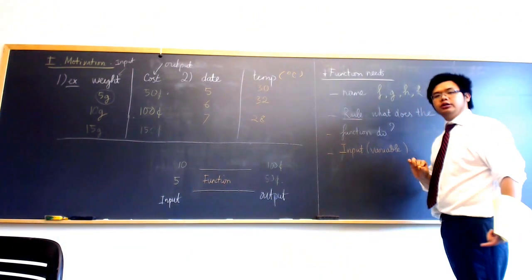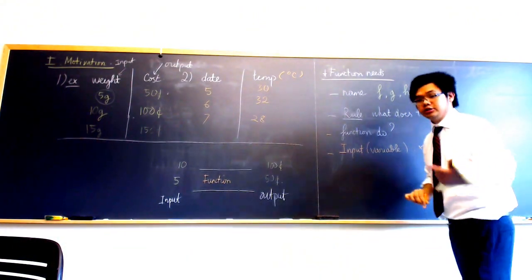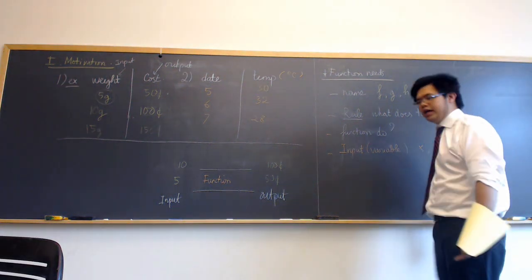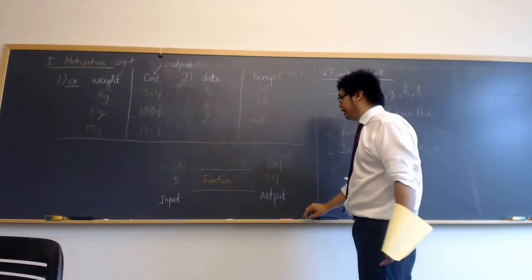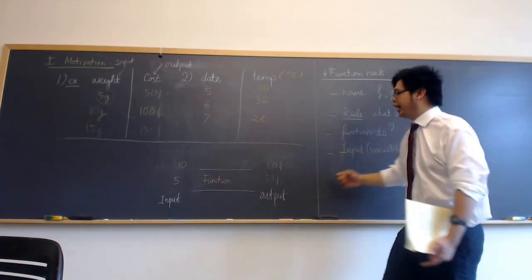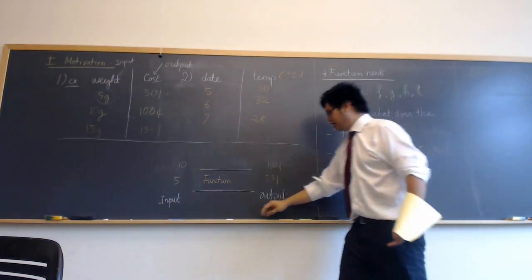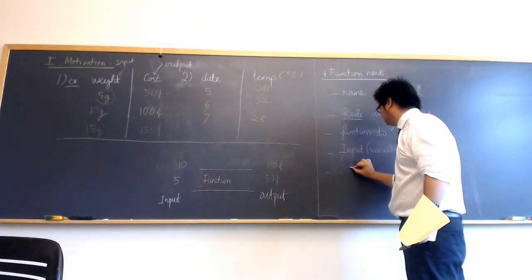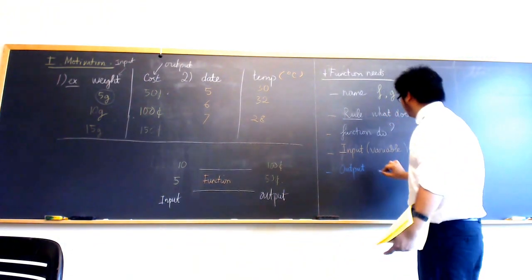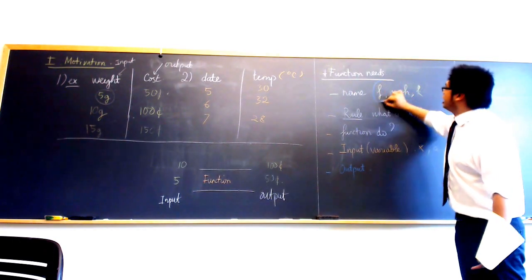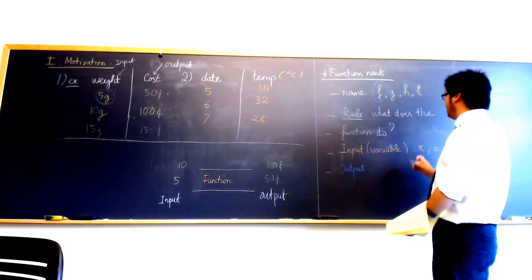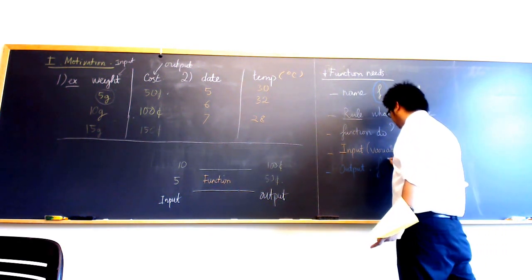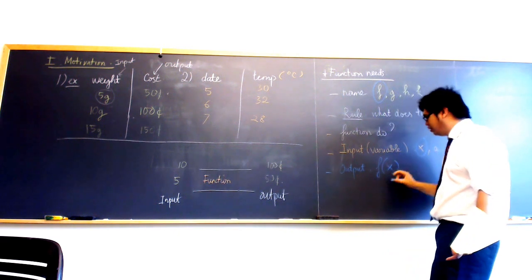You're going to need a name for it. We could have a bunch of names for it, but usually people like x, a, could have b, anything. And then once I have the input, I should have the output. If I choose my function name as f, and I choose my input as x, I'm going to write my output nicely as f, parenthesis, x.